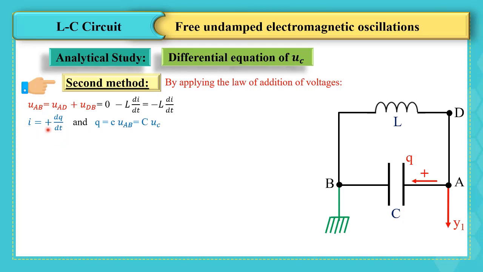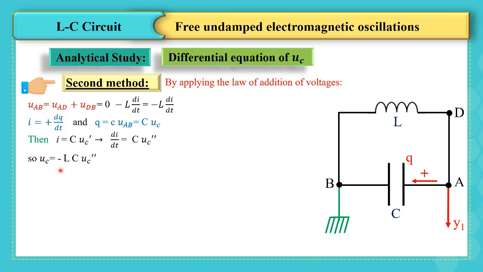So i equal plus dQ by dt and Q equals C U_AB equals C U_C, then i equals C U_C prime and di by dt will be equal to C U_C double prime.